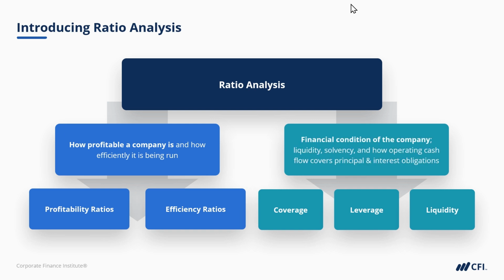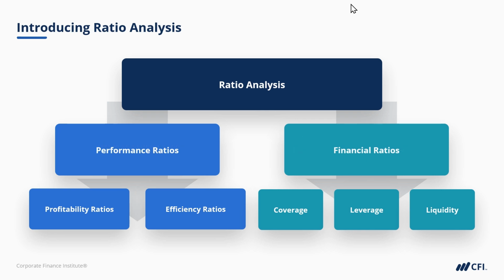Financial ratios speak to the financial condition of the company, how liquid it is, how solvent it is, and how effectively operating cash flow covers principal and interest obligations, both currently and including any proposed new debt. We'll cover each group of ratios in turn throughout this course, starting with performance ratios and specifically profitability ratios. To calculate these ratios, we work with the income statement.